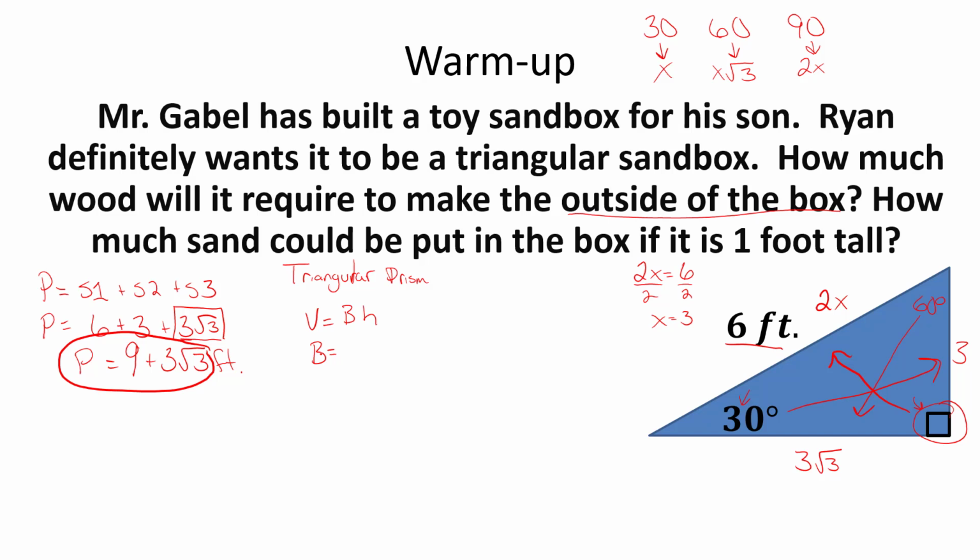So, the base of our triangular prism is a triangle. That's going to use the formula 1/2 base times height. So 1/2 of a base, which is 3 root 3, times a height, which is 3.